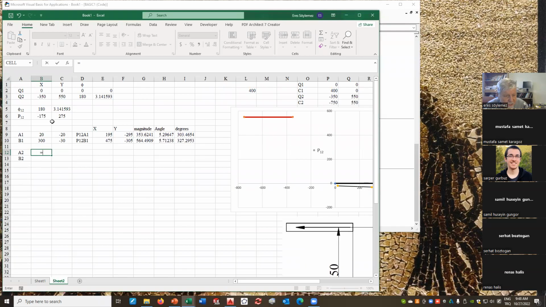Now, the x coordinate of A2 will be the x coordinate of P12 plus this magnitude, the P12 A1 length, which is the same for P12 A2, times the cosine of the angle in radians. That is the angle phi 1 in the first position of that vector. To that, I will add phi 1, 2 in radians.